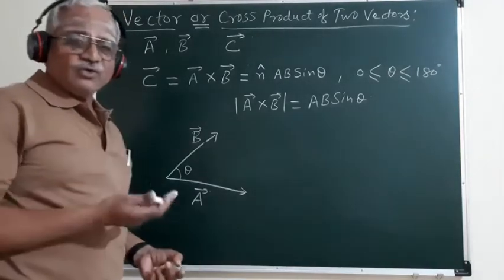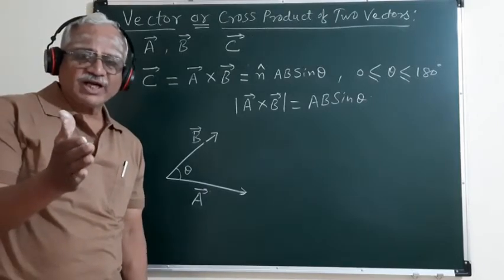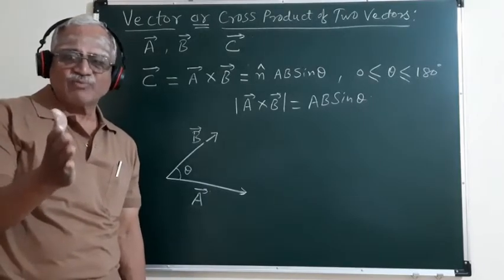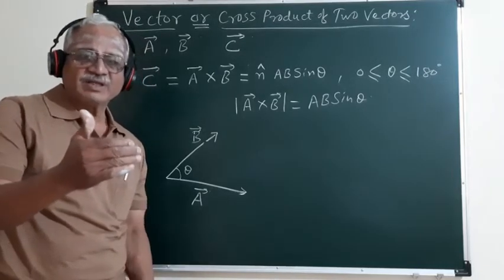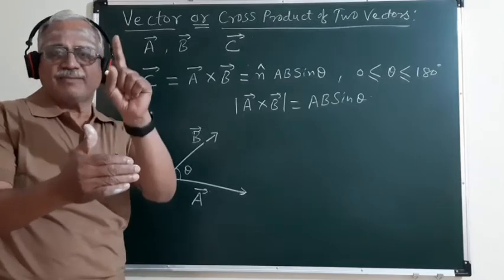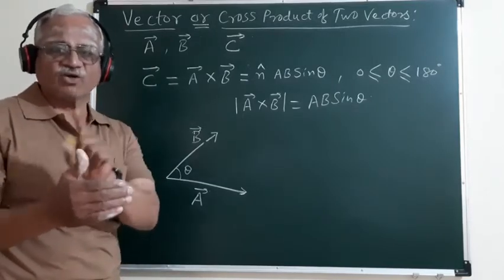What is this right hand rule? You know well. If we curl the four fingers of the right hand in the sense from the first vector in the product towards the second vector, then the stretched thumb denotes the direction of the vector A bar cross B bar.